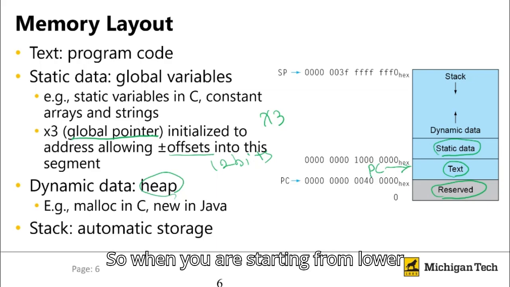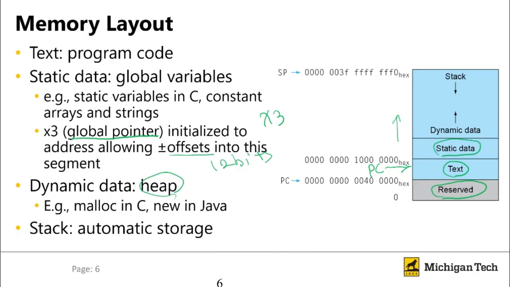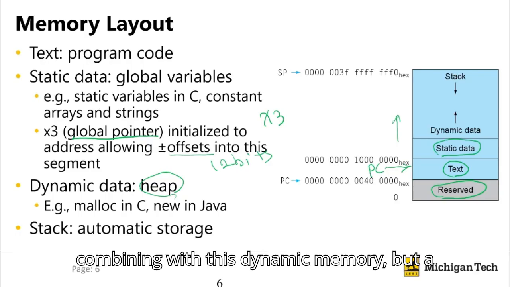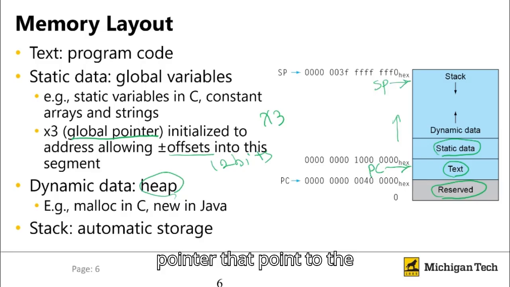So when you are going from lower memory to higher memory, the address is increasing, but a stack is combined with this dynamic memory. We have a stack pointer that points to the stack, but a stack grows downward.